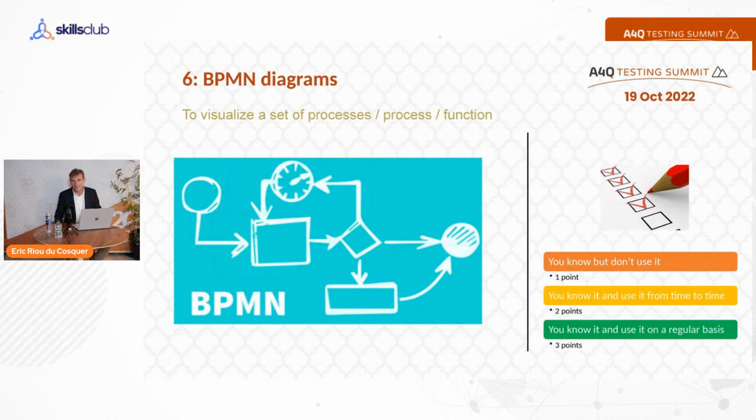However, it's not that easy. And if you want to use BPMN in a professional way, which is very good, you definitely need to be trained on the method itself, but also you need to be trained on the specific tools such as Visagi, Iris Designer, because it's not that easy to guess the meaning of the most important graphical components.